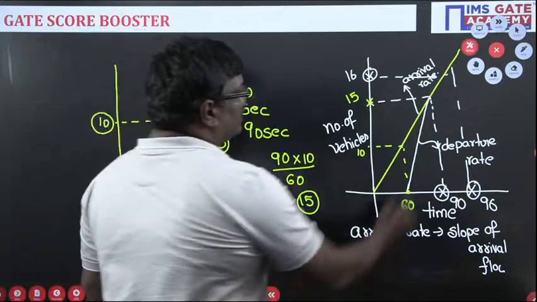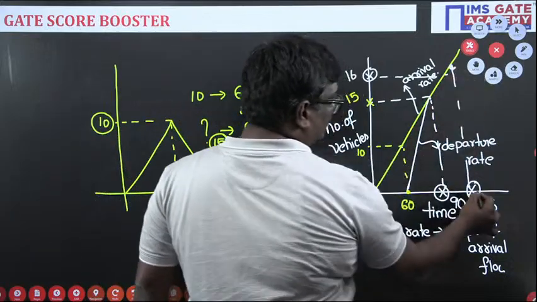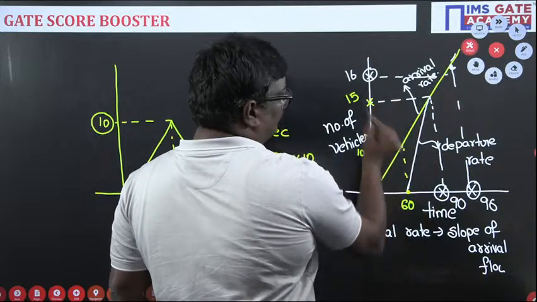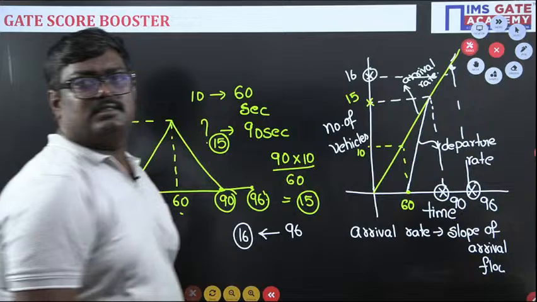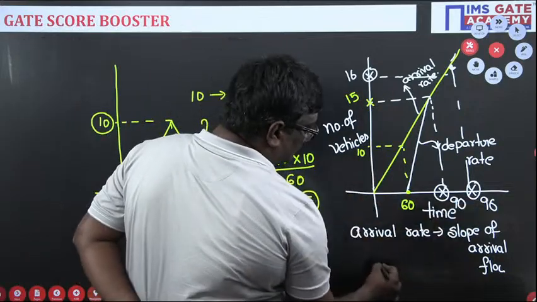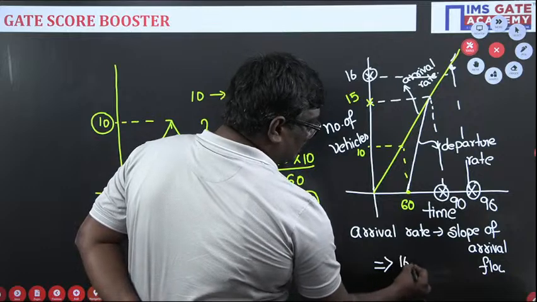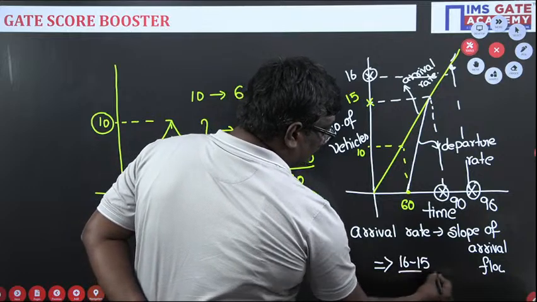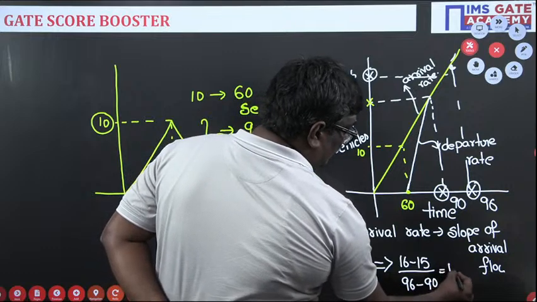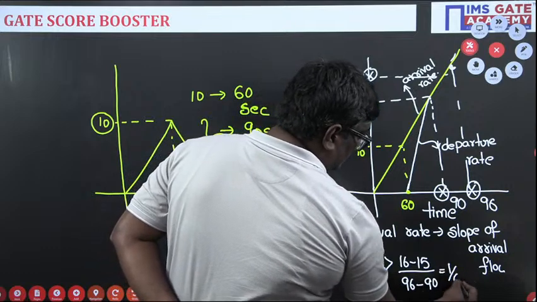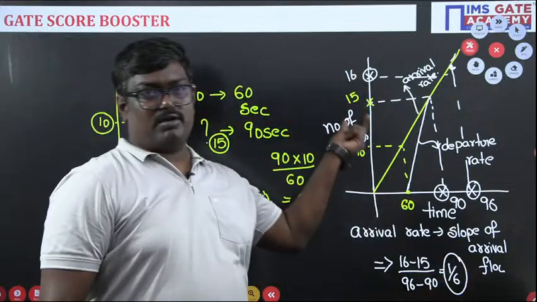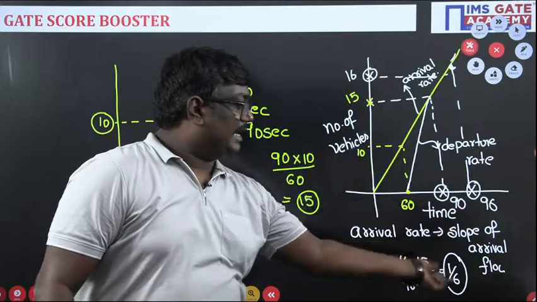So if I consider the slope of this line, here it is 96. Y2 minus y1 by x2 minus x1. So 16 minus 15 divided by 96 minus 90. So this will be equal to 1 by 6. Here what is 1 by 6? Number of vehicles, and here it is seconds.